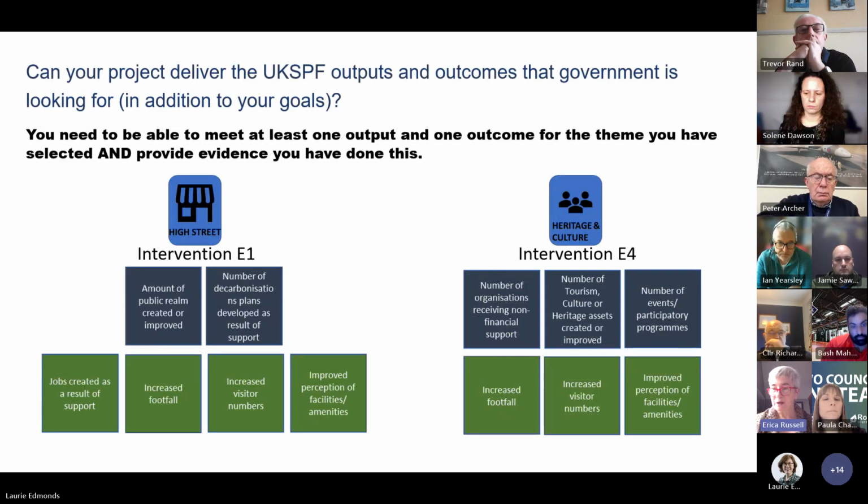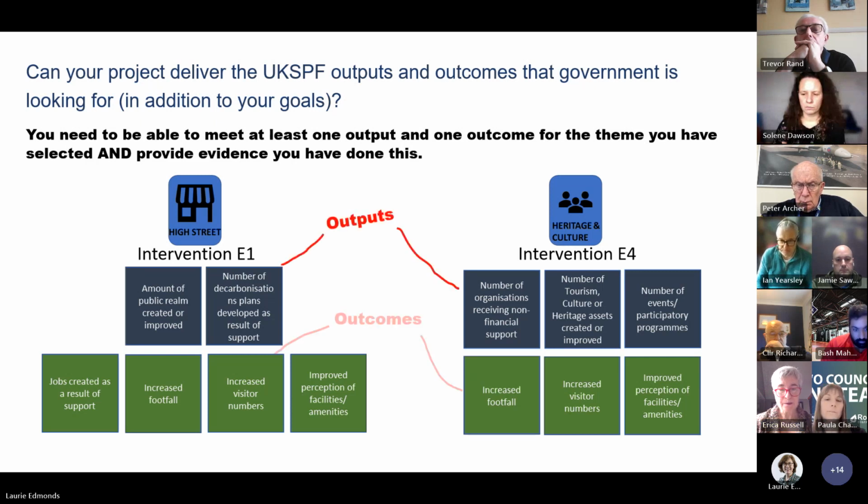Okay, for people who have worked before on the programme, you will have seen this slide. Next 2 clicks, please, Laurie. Thank you. The top section are the outputs and the bottom ones are the outcomes. And as Paula said, to meet the requirements for the UKSPF funding, you need to actually meet one outcome and one output from whichever intervention you select.